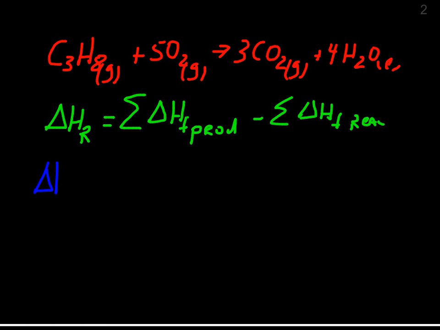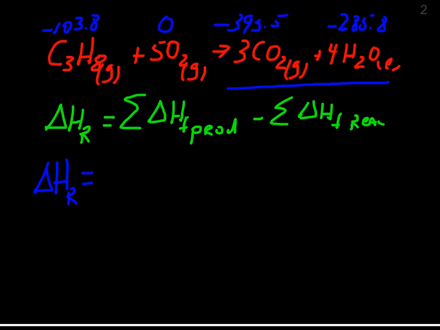Delta H for this reaction equals the sum of the products. Well, CO2 was minus 393.5. H2O was minus 285.8. Oxygen in its elemental form is 0, and propane was minus 103.8 kilojoules per mole. So, products are always on the right side.